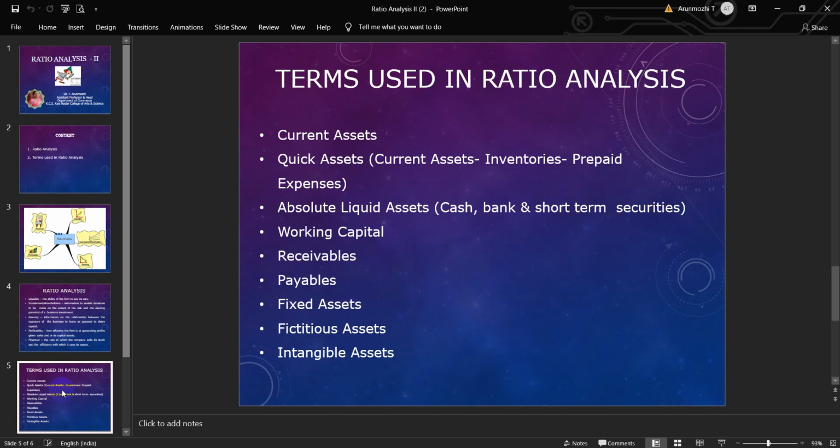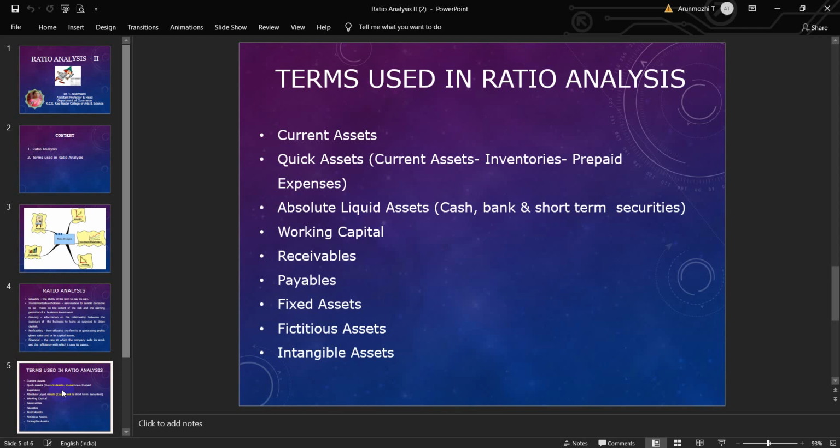The quick assets are current assets minus inventories, minus prepaid expenses. The absolute liquid assets are the super quick ratio. This is a variation of quick ratio. This ratio is calculated when liquidity is highly restricted in terms of cash and cash equivalents.